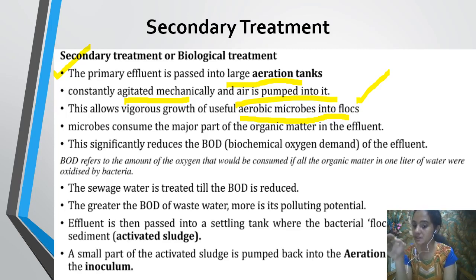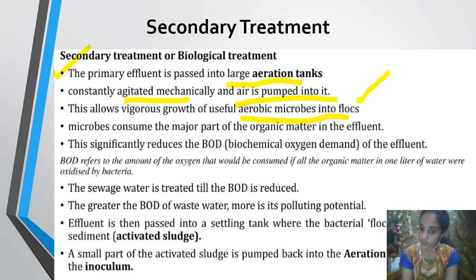The BOD gets reduced, and if the BOD is reduced, that means your water is less polluting. So like that you can keep on adding the flocks, and they digest the organic content, and if the organic content has been digested, then the BOD of the water gets reduced. And if the BOD of the water gets reduced, that is an indication that your water is less polluting.